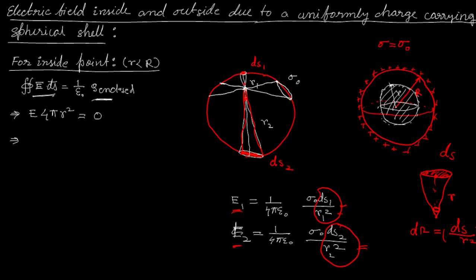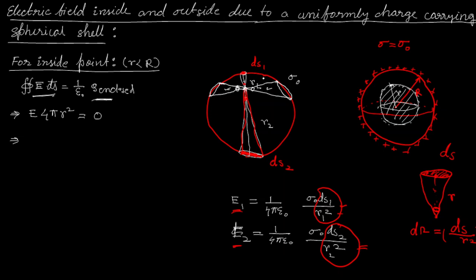Now this area and this area will also create the same solid angle, maybe different from before, but whatever they create, this pair of cones will create the same solid angle. They will also create the same electric field here, and they will cancel out with each other.